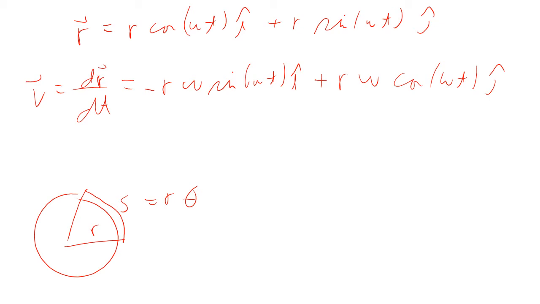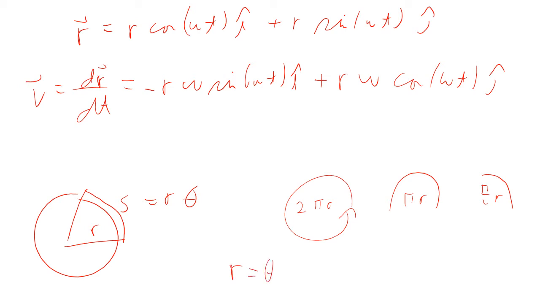Well, the distance all the way around a circle is 2 pi r. The distance halfway around is pi r. A quarter of the way around is pi over 2 r. So they got the idea: why don't we just say that the distance you go in an arc equals r times theta?